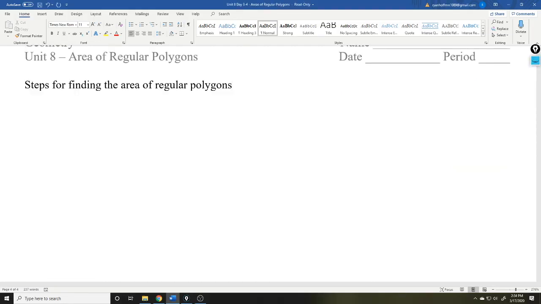So one more time, steps for finding the area of a regular polygon. Step 1, what type of polygon is it? So is it an octagon, decagon? And then writing down the given information.